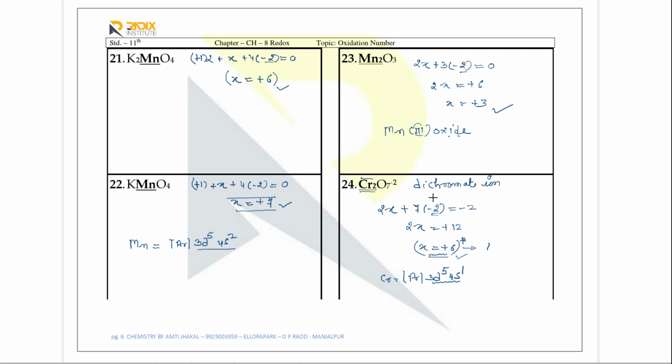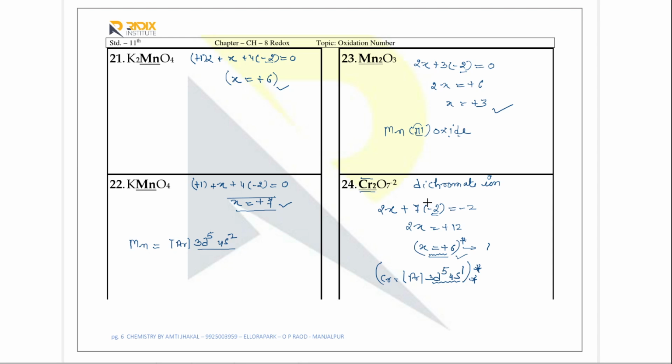What if I keep the oxidation state -2 and calculate the oxidation number of chromium, a hypothetical condition, and the oxidation number comes greater than the accepted value, more than the number of valence electrons possible? Suppose in a calculation chromium's oxidation state comes +7, +8, +10, then what does it mean? It means that in our calculation, the oxygen we considered as -2 is not correct. All the oxygens in that compound are not oxide.